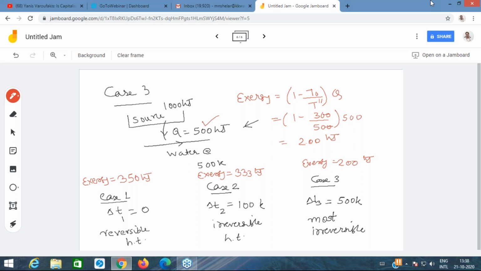For example, in a boiler, if the flue gases are at 1000 Kelvin, then we need to make the water boil at closer to 1000 Kelvin. That is the insight.